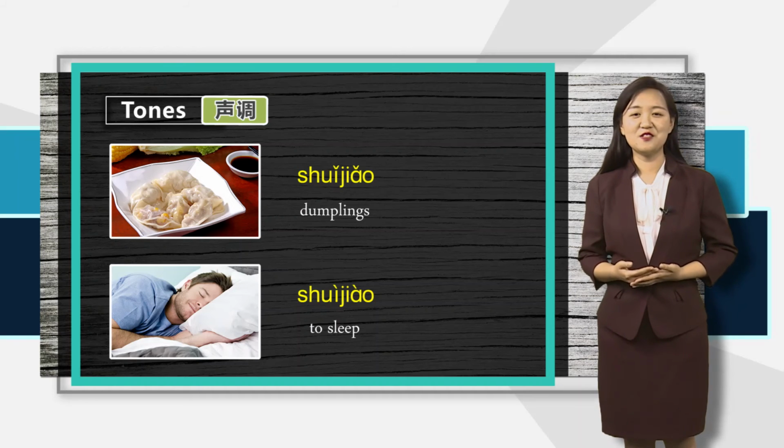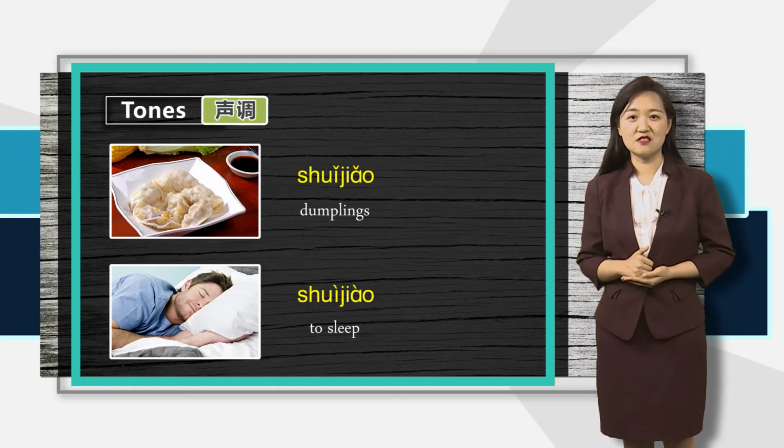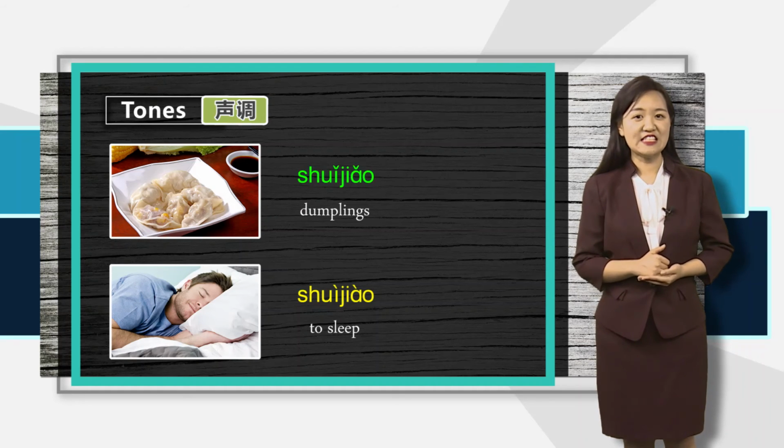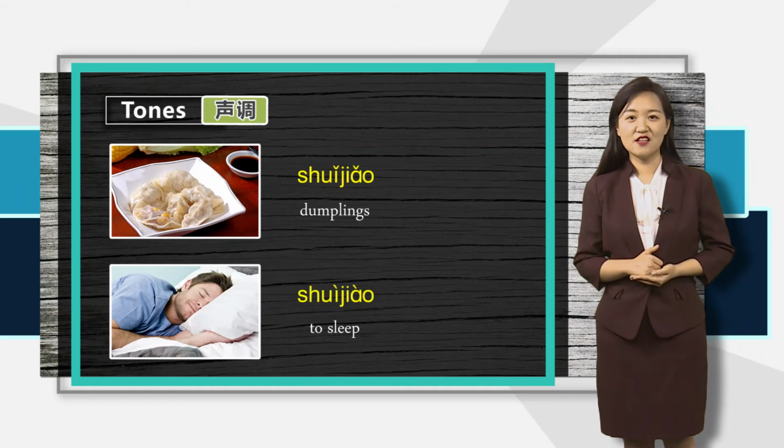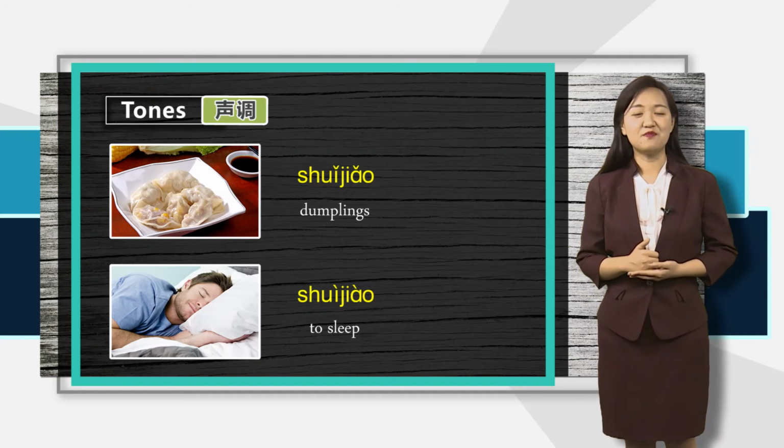Why did the seller do that? Because what the foreigner actually said was, 我要睡觉, I want to sleep. Instead of, 我要水饺, I want some dumplings. 水饺, dumplings. 睡觉, sleep. They share the same initials, same finals, but different tones.